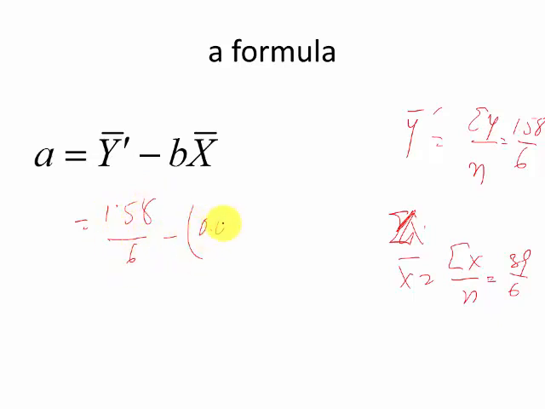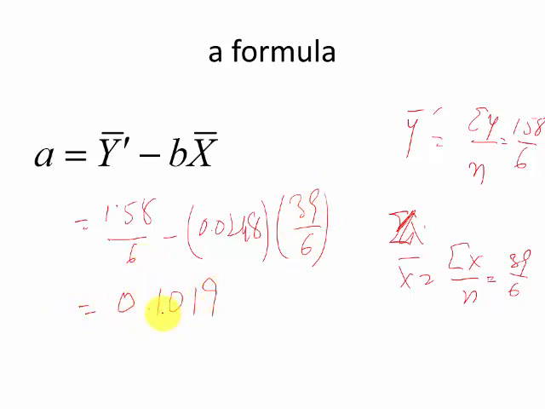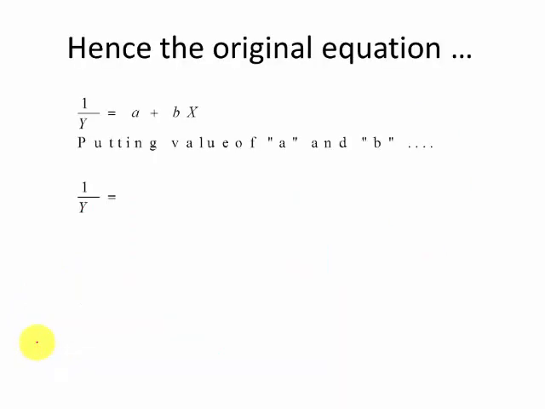Minus b, which is 0.0248, into x bar, and if you simplify it, you will get 0.1019. This was the required answer.